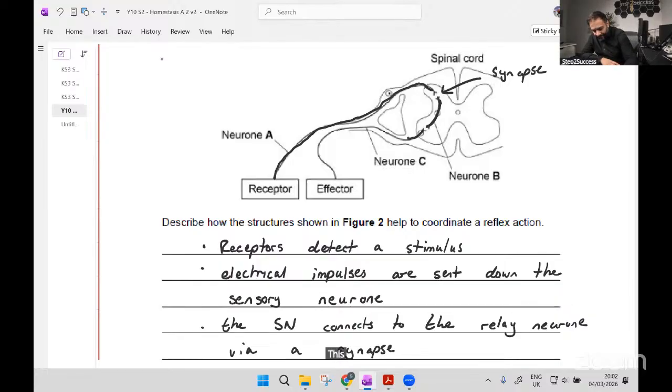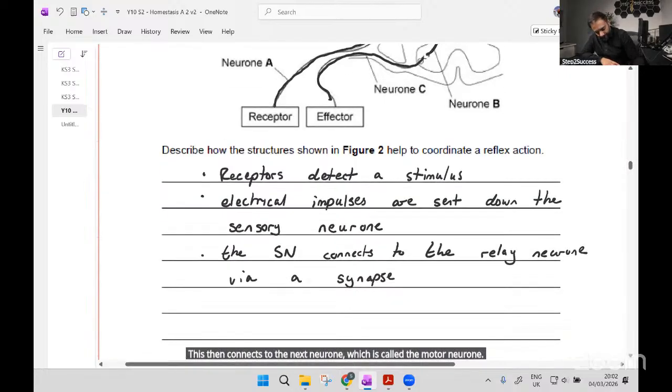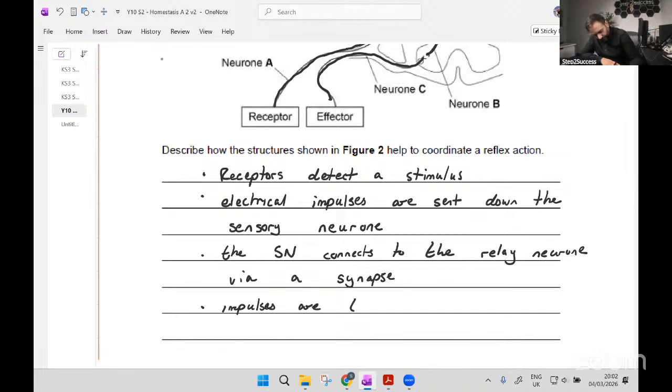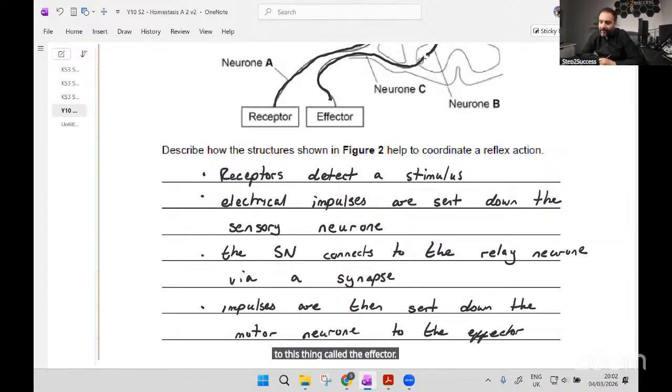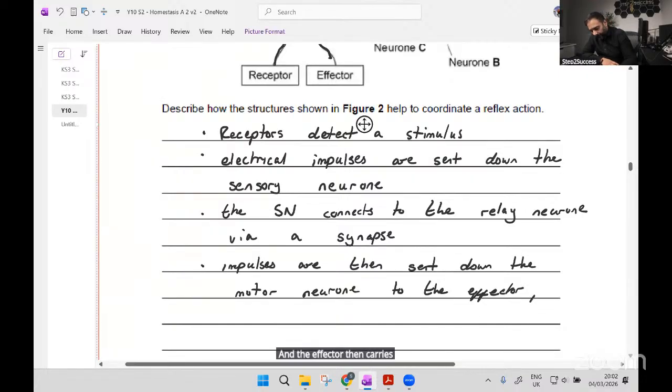This then connects to the next neuron, which is called the motor neuron, to this thing called the effector. And the effector then carries out the response, which could be like moving your hand away from a hot object.